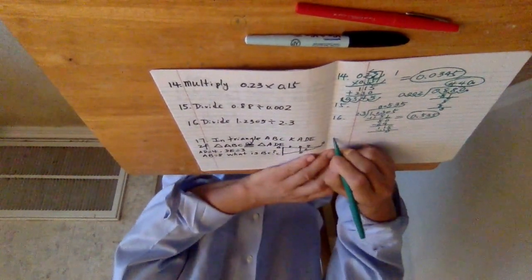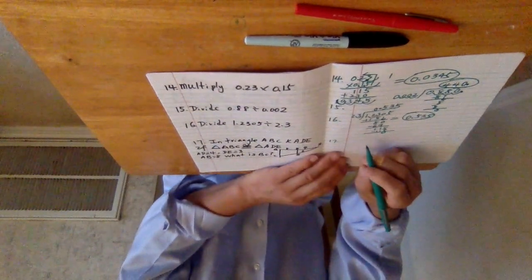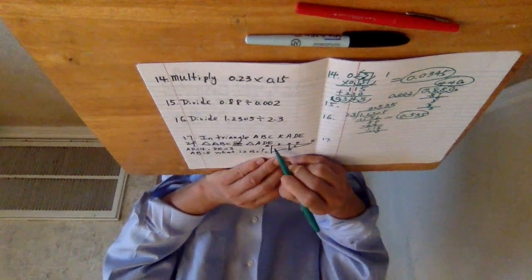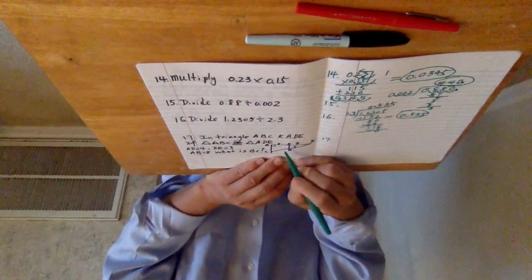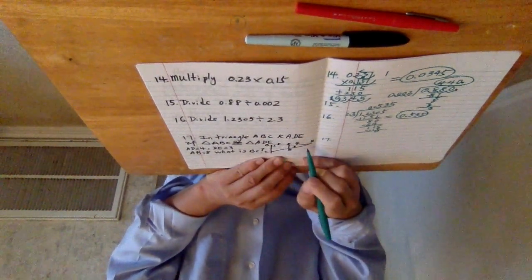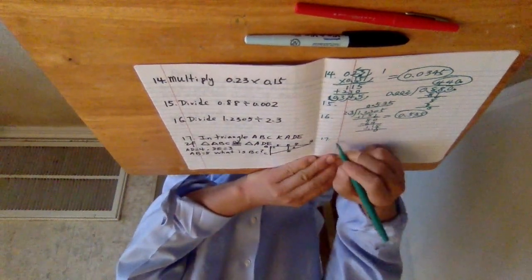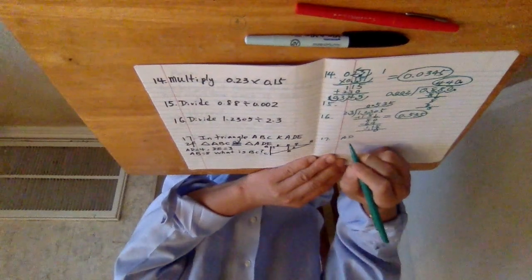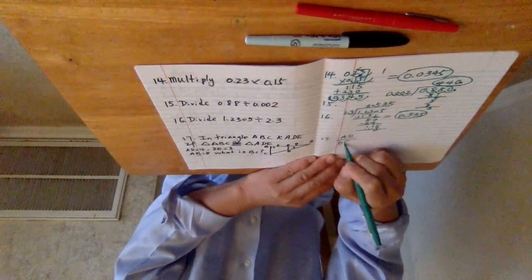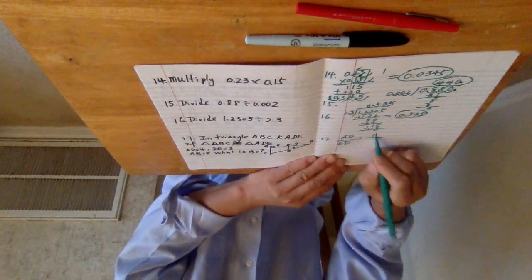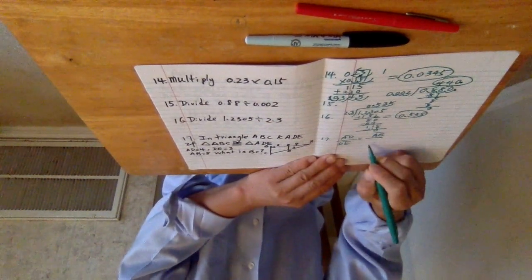Number 17. In triangles ABC and ADE, if ABC is similar to ADE, we know AD over DE is equal to AB to BC.